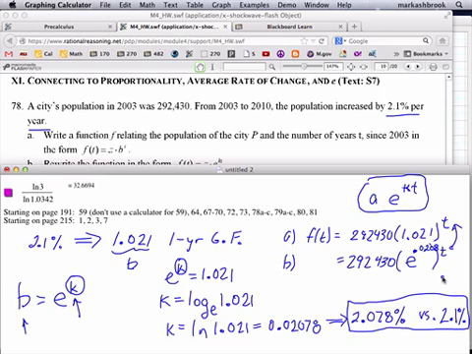Those are slightly different values. Which one is the true percent increase? The 2.1% is the true percent increase, that's what we're given. It gives us the true growth factor. This is the continuous rate.